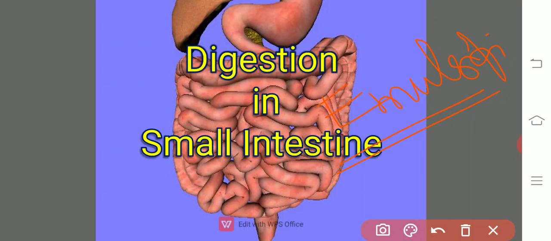That is, emulsification is a process where large colloidal substances are converted into small oil droplet like structures, and thereby this facilitates the proper digestion of the lipids with the help of the lipase enzyme.